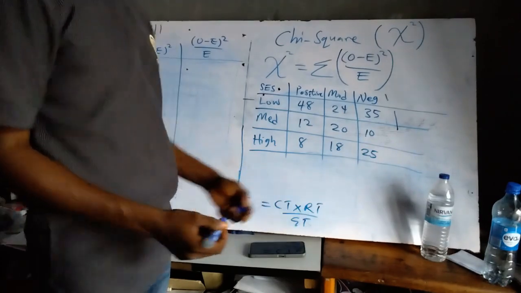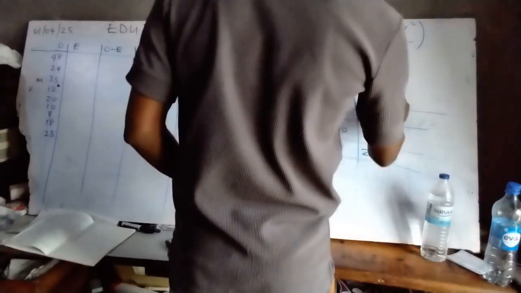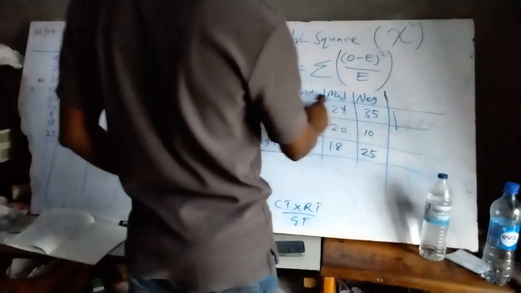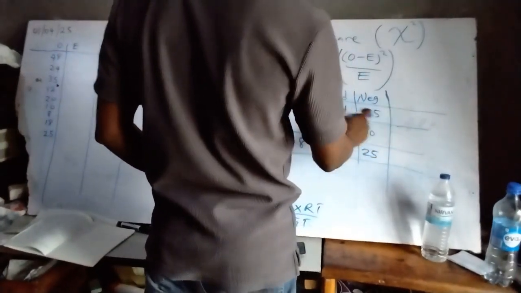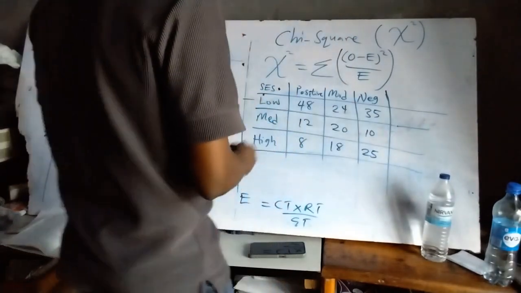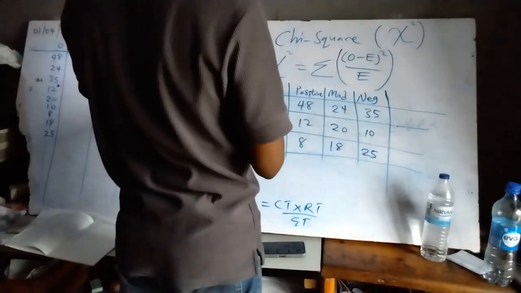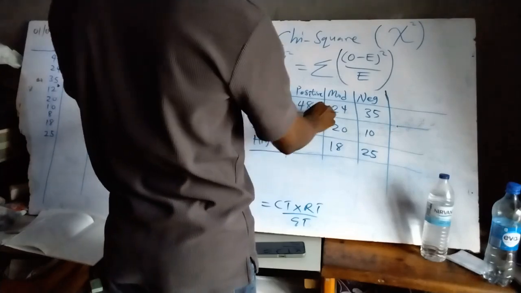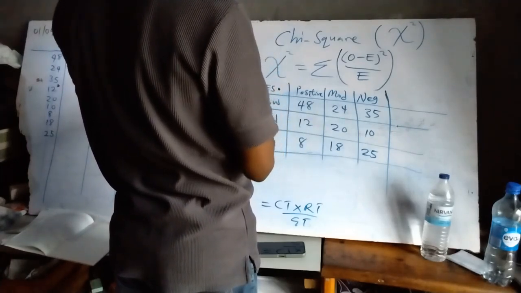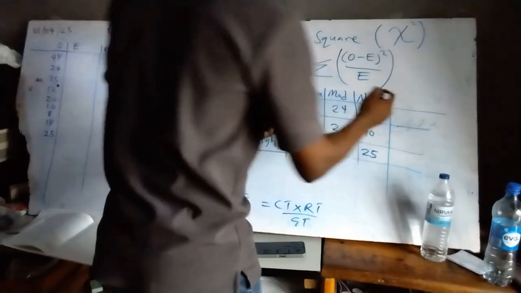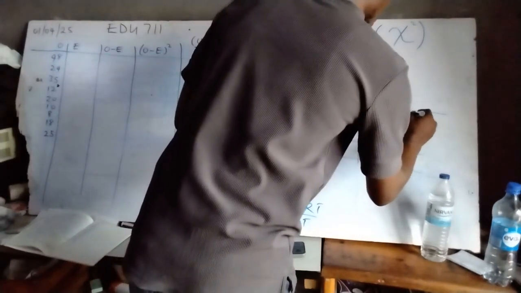So this will be done by this. Our row total here, this is 48 plus 24 plus 35. That is equal to 107.